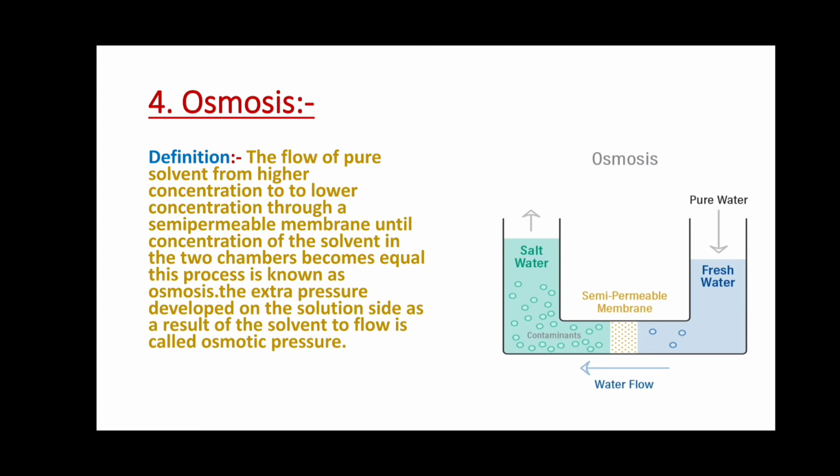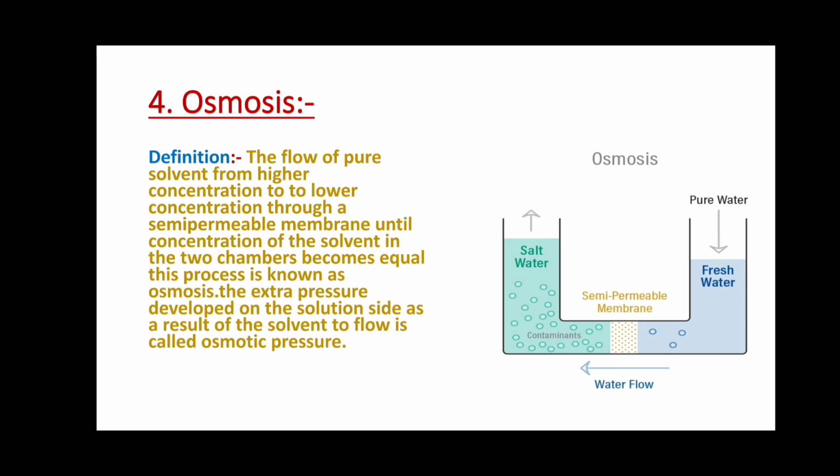This semi-permeable membrane allows the pure solvent water particles to pass through it. So here pure water, meaning pure solvent, has the higher concentration, and salt water has the lower concentration.